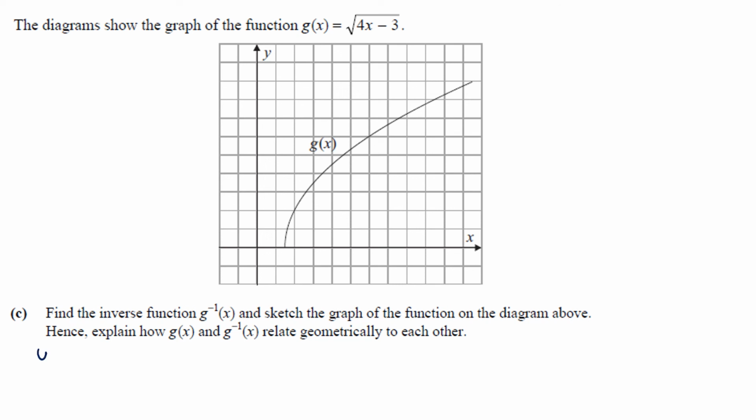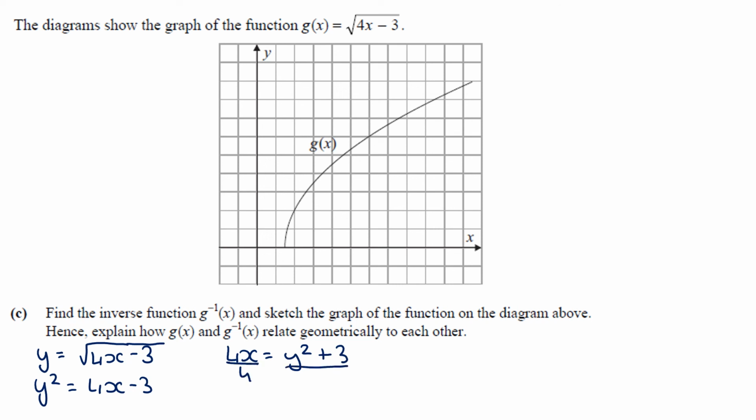So we start with y equals square root of 4x minus 3. And we want to isolate our x. So the first thing I need to do is square both sides. That way we get rid of the square root. So then we have 4x is equal to y squared plus 3. Divide both sides by 4. And we get x equals y squared plus 3 all over 4.